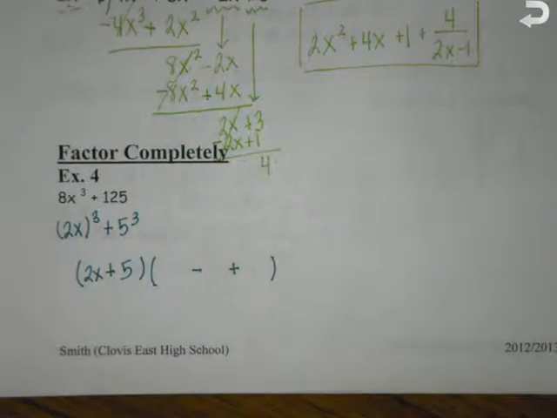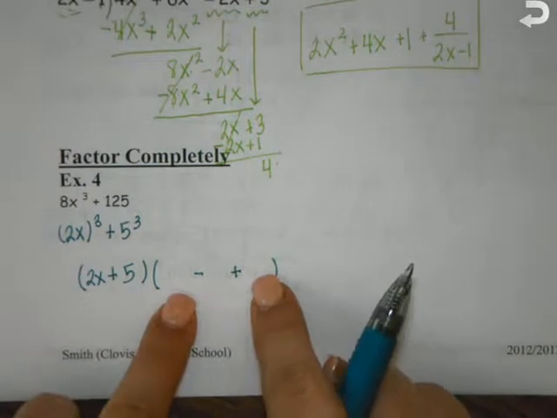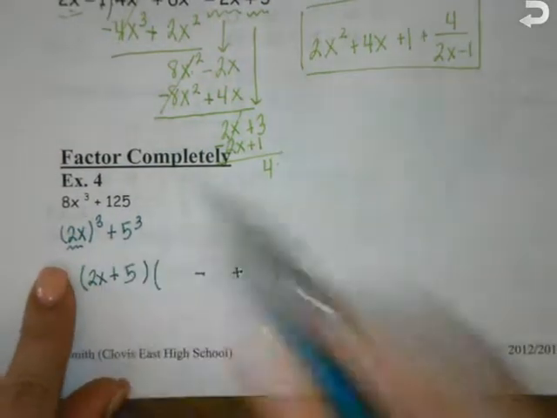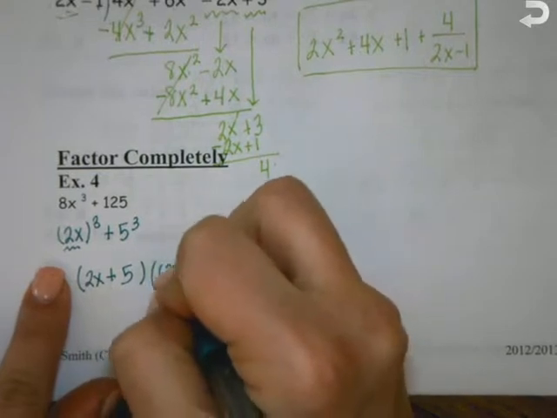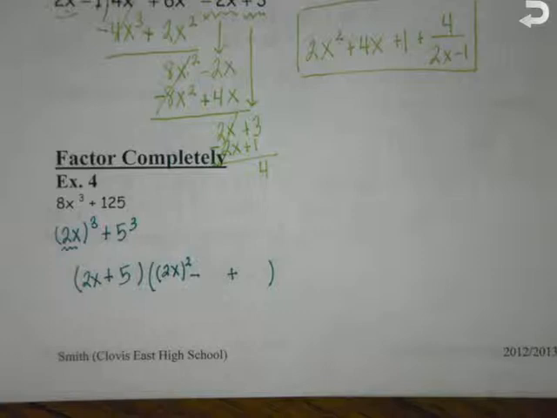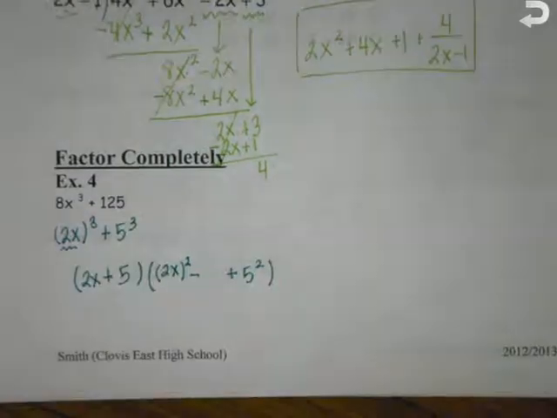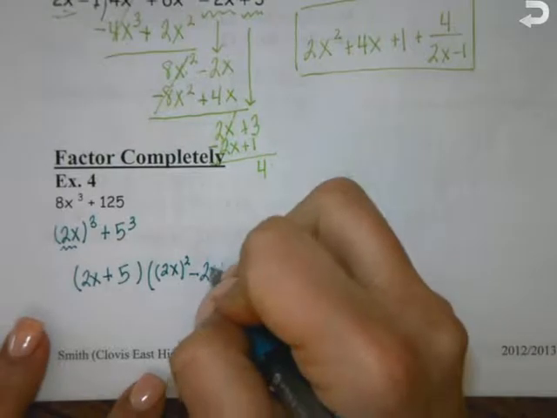In the larger parentheses, the first and last term are your bases squared. So this base, 2x, the whole thing of it is being squared. So it's 2x squared. The last one is going to be 5 squared. And then does anybody remember what you do with the middle? You multiply them together. So 2x times 5.